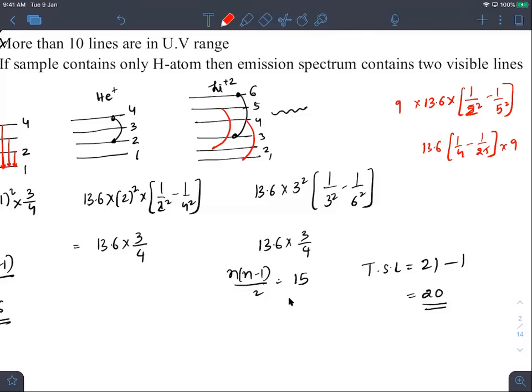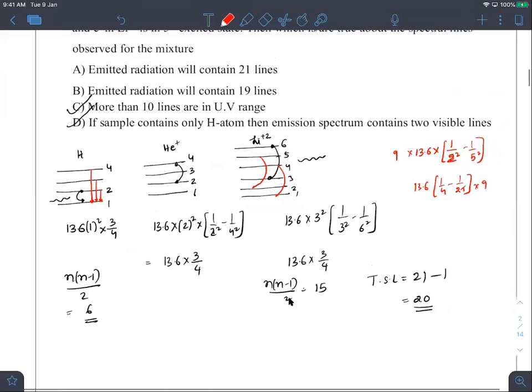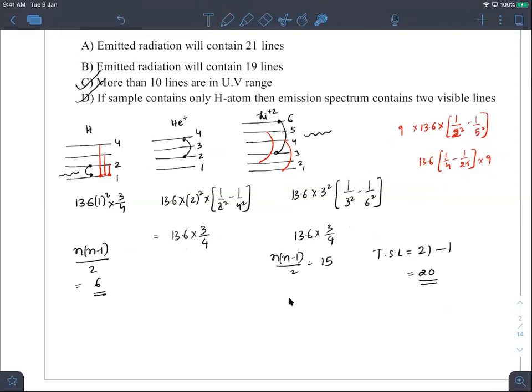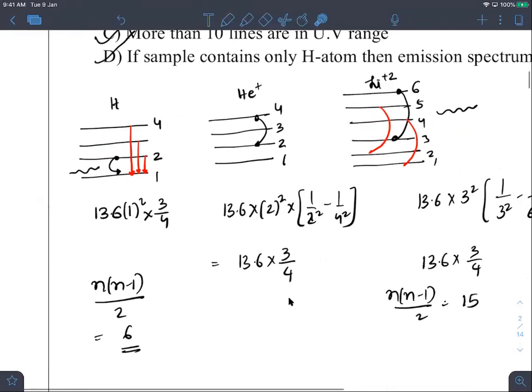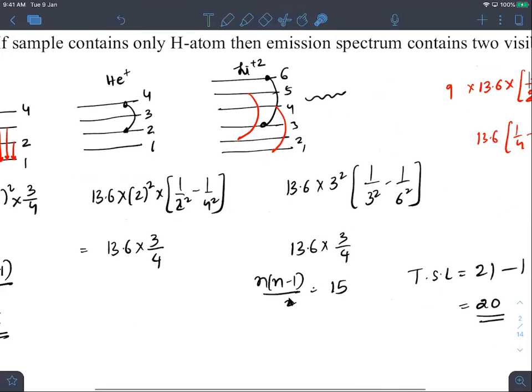I hope you guys understood that. Now just like here, 2 to 1 is also Lyman, 3 to 1 is also Lyman, 4 to 1 is also Lyman. So you can see 2 to 1 is least energy, 3 to 1 is slightly more, 4 to 1 is more. So anything which is more than this energy will also lie in the UV rays.